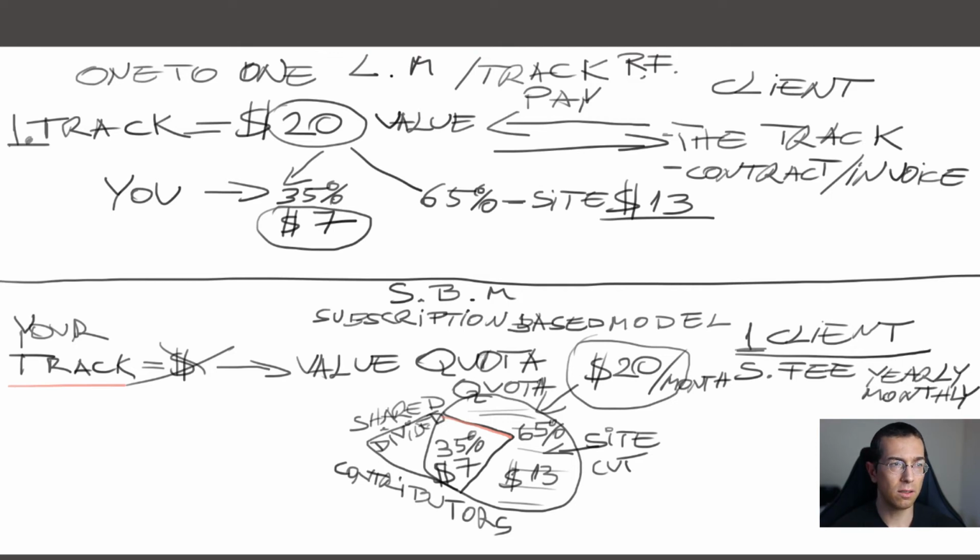Now this client, let's say he's an active client, and per month he's downloading a lot of tracks from you, but from other contributors also.